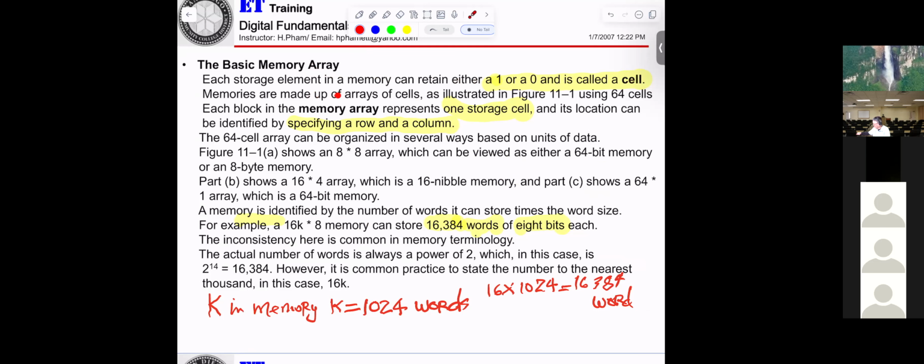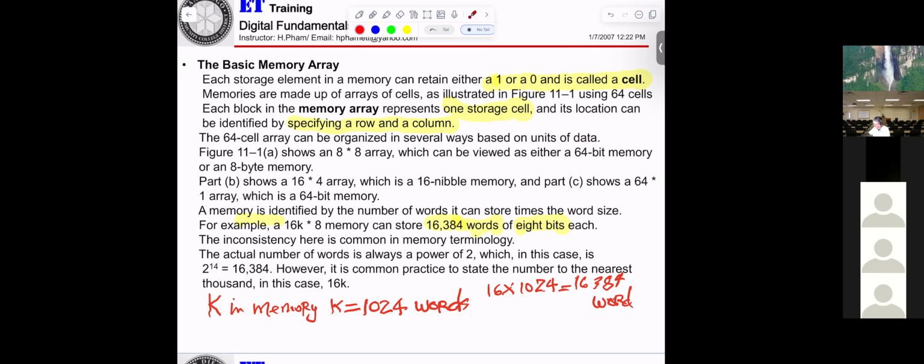Memory is made up of arrays of cells, using 64 cells to be identified by specifying a row and a column. That's what we already told you: how many rows, how many columns. A 64-cell array can be organized in several ways based on the unit of data.